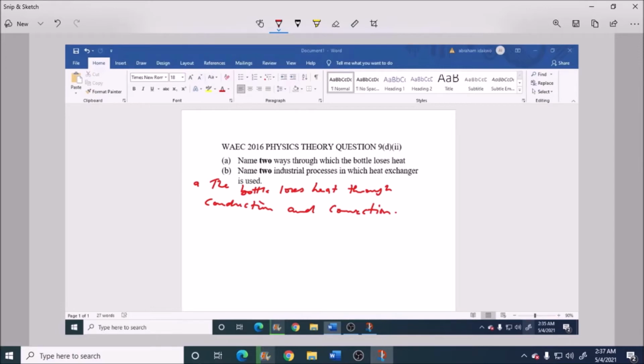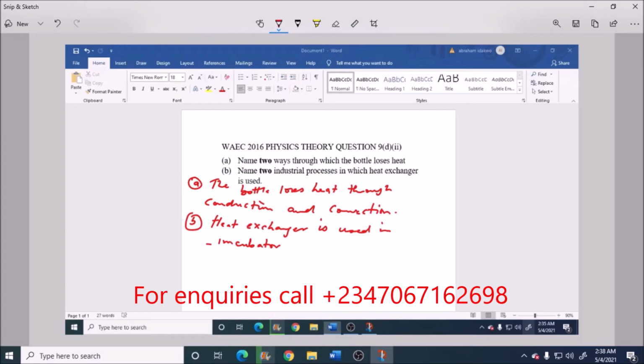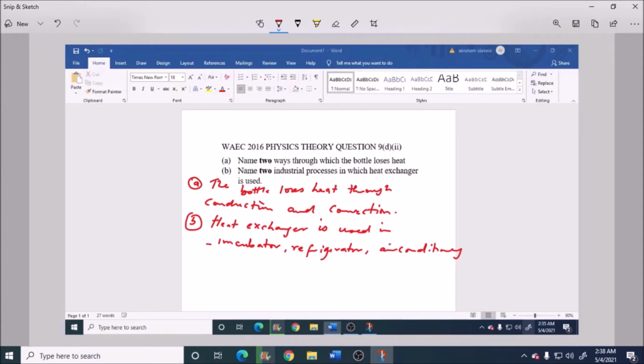Now heat exchanger is used in incubator, is used in refrigerator, is used in air conditioning, is used in sewage treatment, is also used in cooling by radiators.